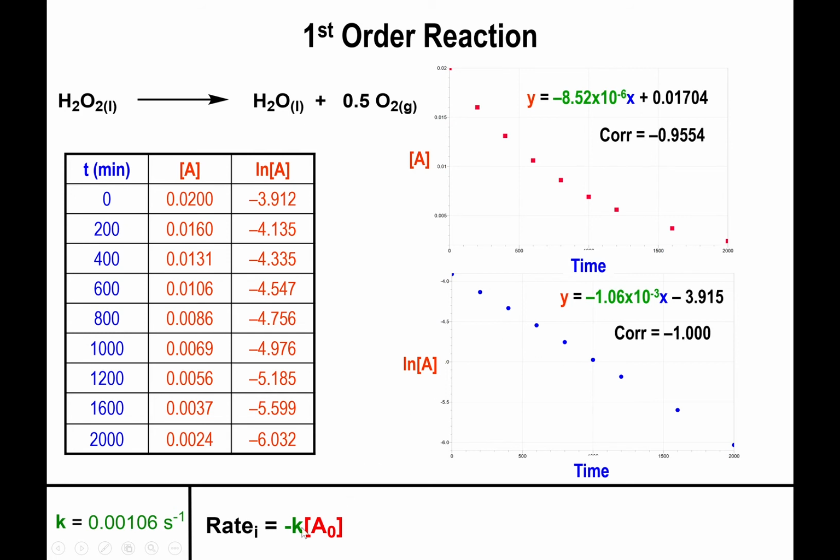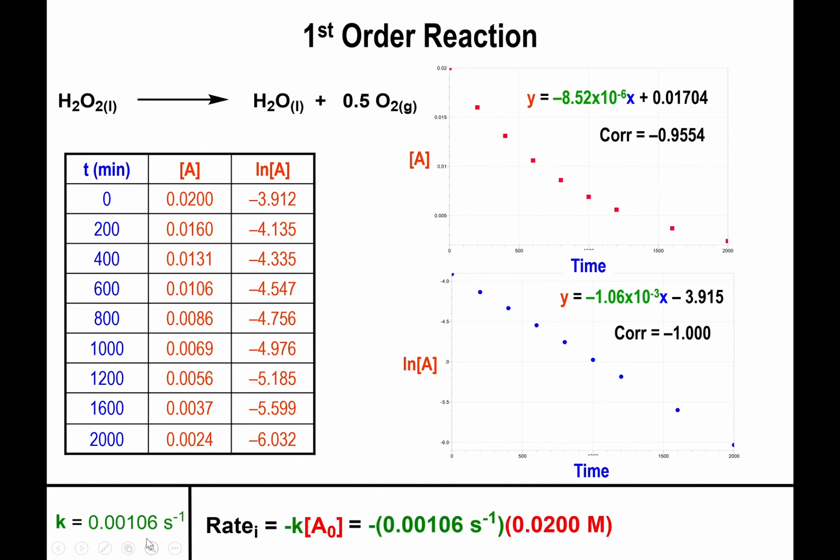So now you know that the initial rate has to be given by k multiplied by the initial concentration of A. The initial concentration is the one at time 0, which according to the graph is 0.02. Don't make the mistake of using negative 3.912. That's the ln of A, not the initial concentration. It's the ln of the initial concentration, not the same thing.